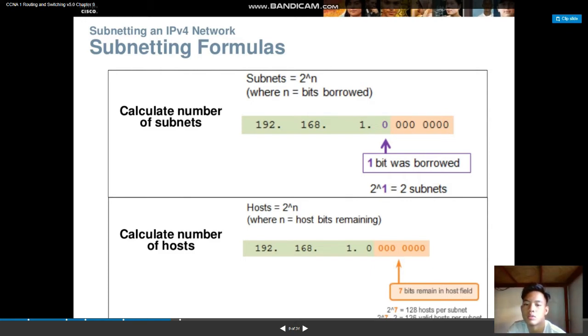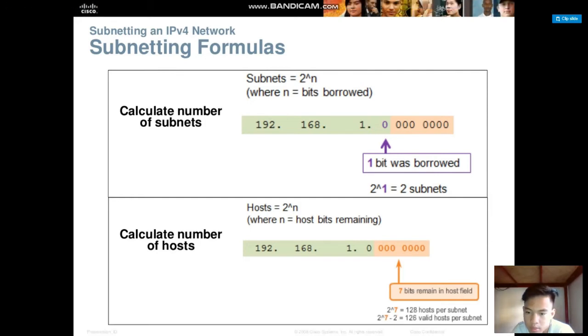Hosts equals 2 to the power of n, where n is the host bits remaining. So 7 bits remain in the host field. 2 raised to 7 equals 128 hosts per subnet, and 2 raised to 7 minus 2 equals 126 valid hosts per subnet.